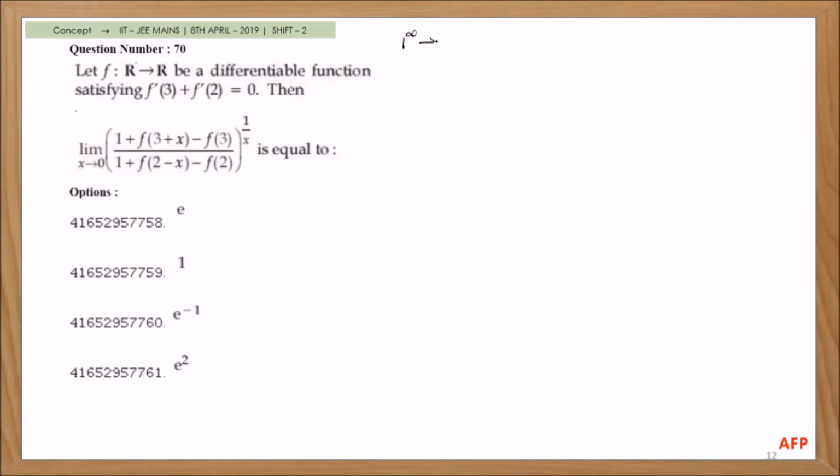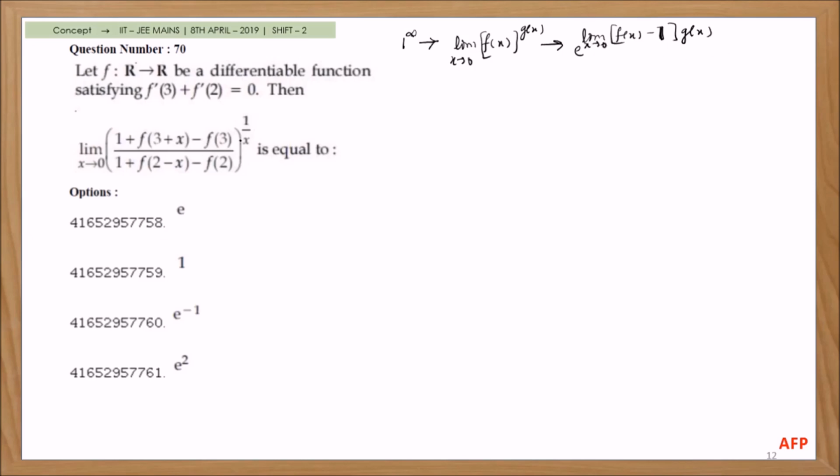Okay, in this 1 raised to infinity form, if the limit of f of x whole raised to g of x as x tends to 0 exists, then this can be written as e raised to the limit of (f of x minus 1) into g of x as x tends to 0. Okay, this we are writing.